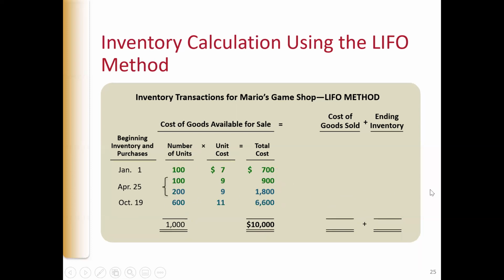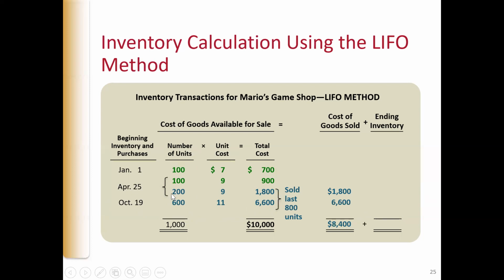If we use the method called LIFO, then the last units we purchased are the first units we're getting rid of, not physically, but what we can say for cost purposes. So 800 units means the ones we purchased at the very end in October, 600 units at $11, are going to get sold.